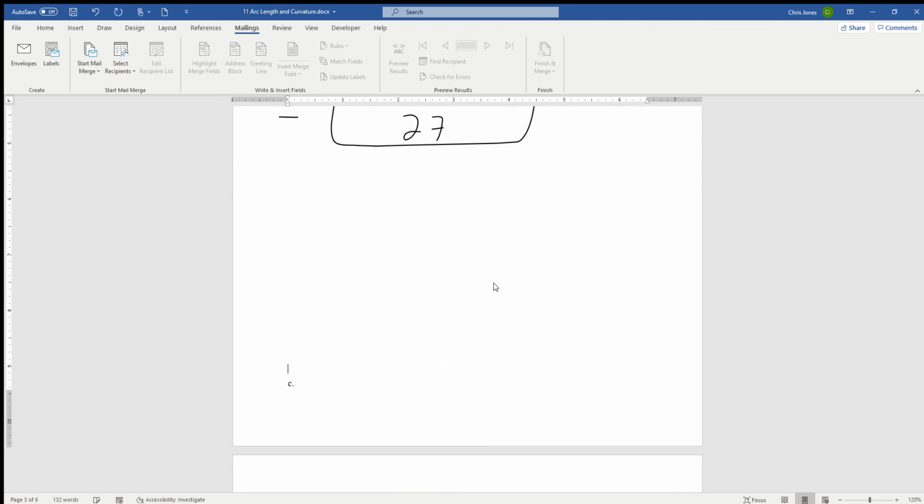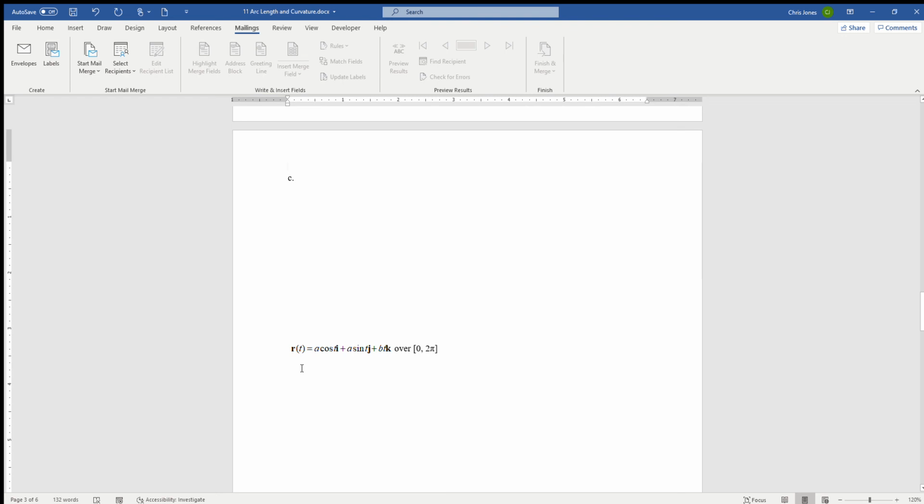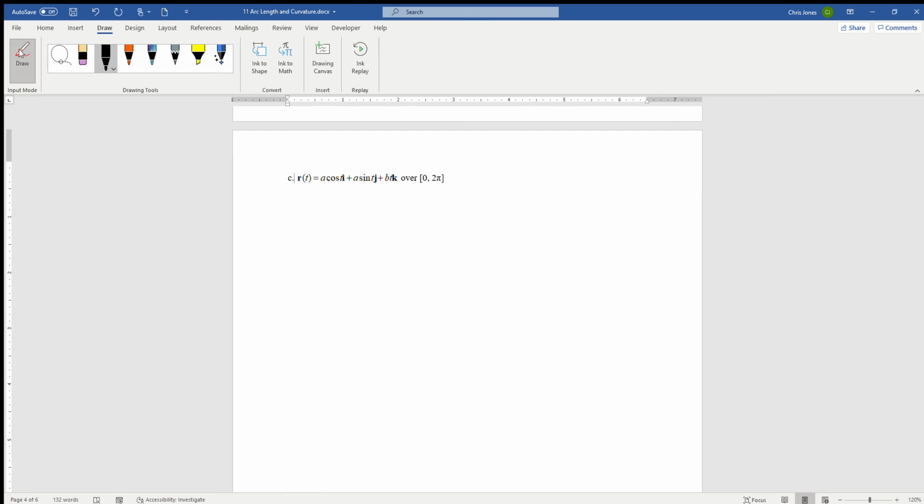One last example of arc length is, although it looks messy, it's actually going to turn into something that's really nice. So we have this r of t, a cos t, a sine t, bt, i j k from 0 to 2 pi. All right, so as a reminder, this is actually going to be what our helix looks like.